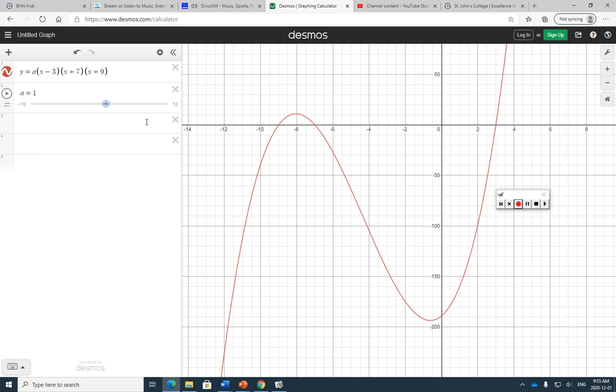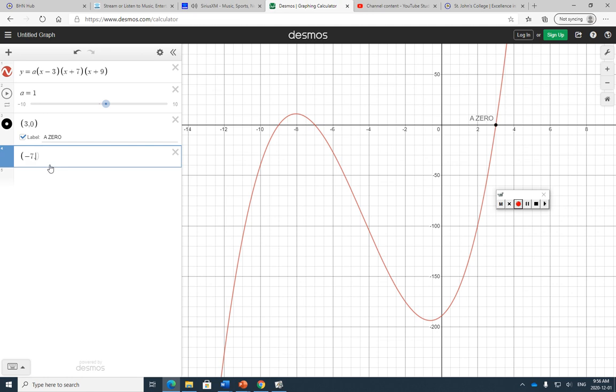And so what you see is it's got the zeros that we would expect. Let me label them on there so you can see them. The first 0 is at 3, 0. So I can actually use Desmos to put 3, 0 on there. I'll give it a label. I'll call it a 0. Can you see that? It's good, right? Desmos is so much fun. All right, and then the next 0 is what?